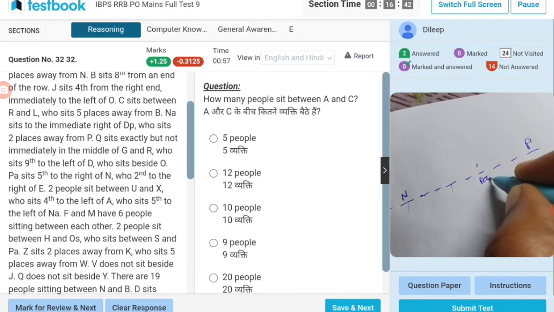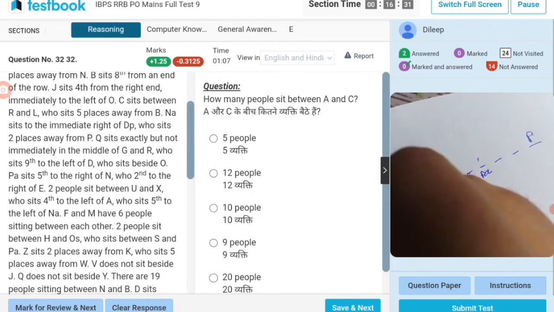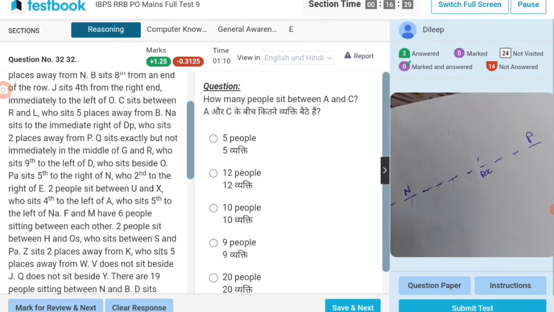N is second to the right of E. Two people between U and X. X is 4 to the left of A. A is 5 to the left of N.